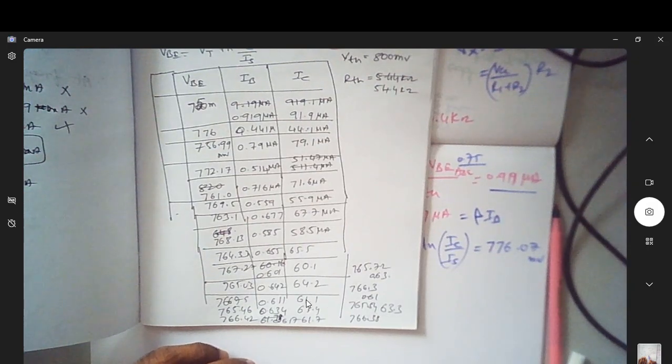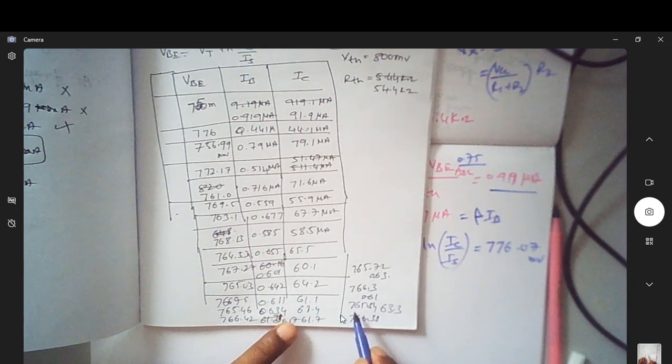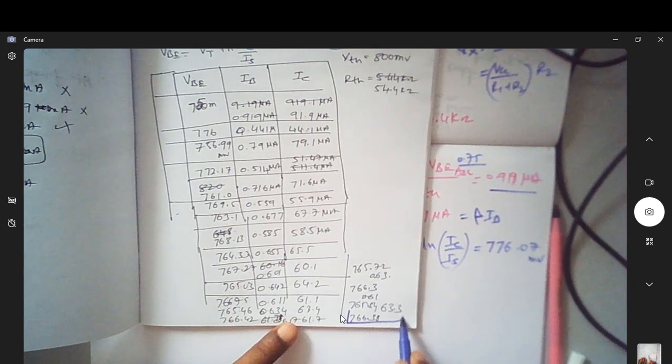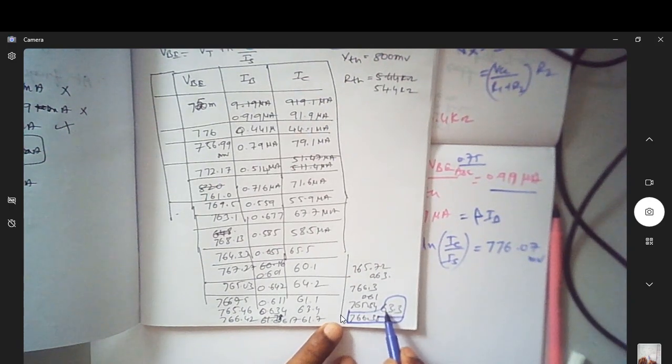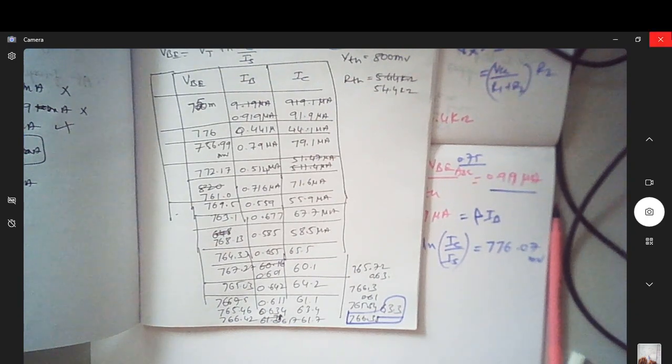Ultimately, you come to a point where they come very close. So ultimately you come to a conclusion that a VBE of 766 millivolt and an IC of 63.3 microampere will settle down.